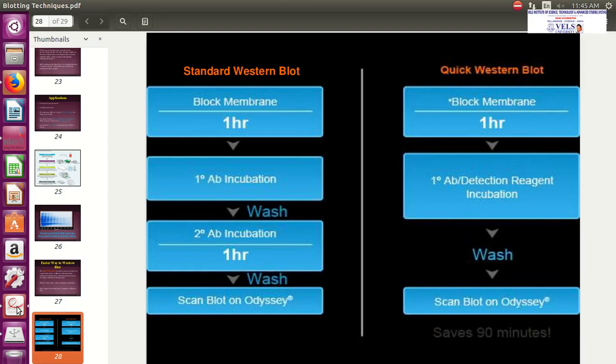After that, scan the blot for the assay. Similarly, for Quick Western blot, there is no secondary antibody incubation. Once you detect the primary antibody, you go for the scan blot assay. The process takes within 1 hour 30 minutes, that is 90 minutes, and after that you go for identifying the proteins.